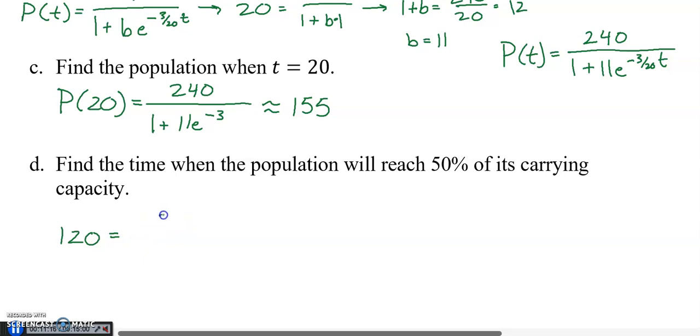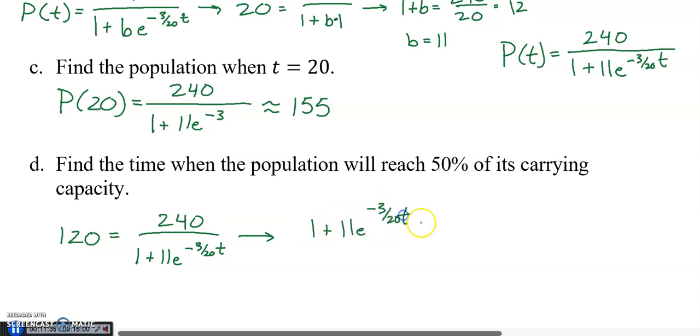So we'll set 120 equal to our fraction, and we'll go through the same algebraic process to solve for t. Again, we'll do that swapping of the denominator with the 120. So we'll get 1 plus 11e to the negative 3 over 20t is equal to, this is always going to be 2, right? Because we're taking our carrying capacity divided by half of our carrying capacity.